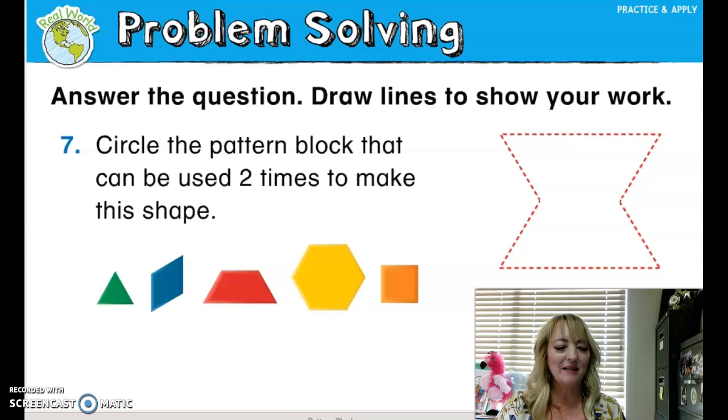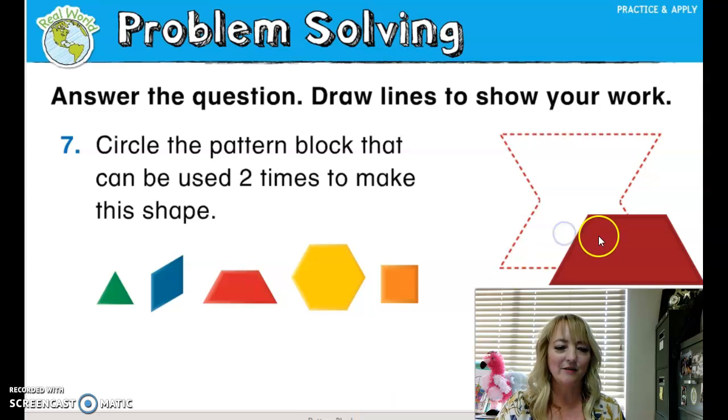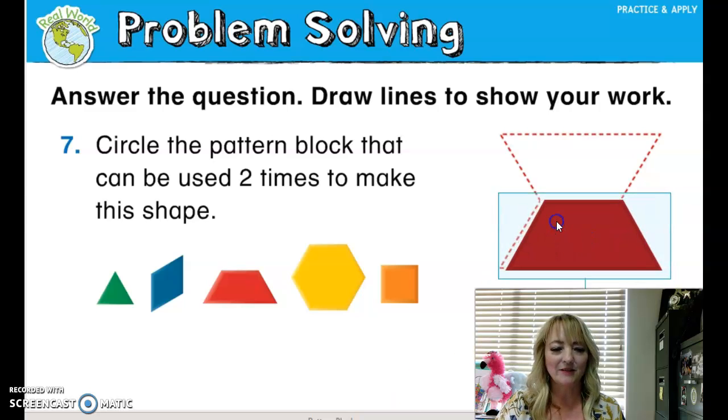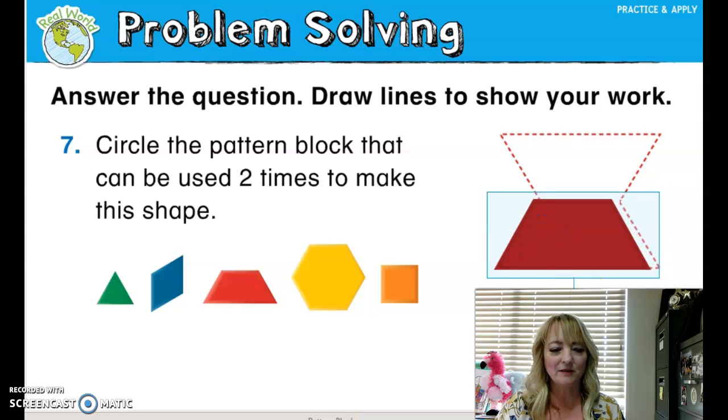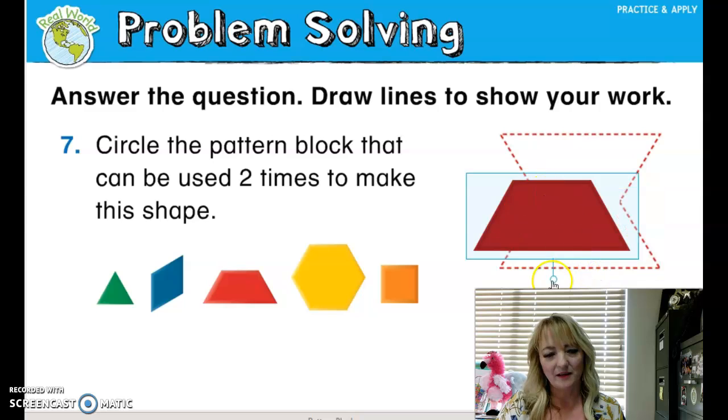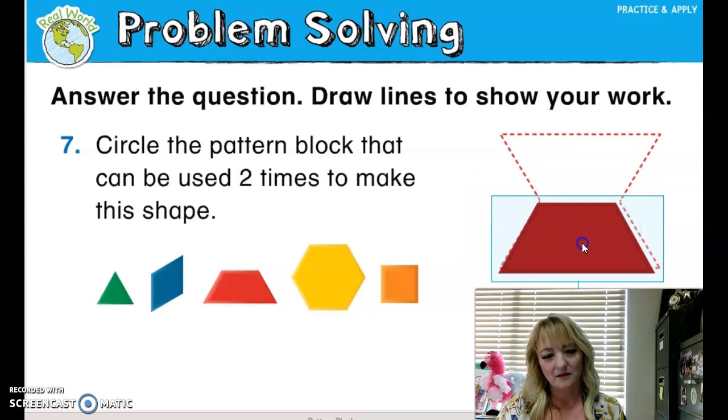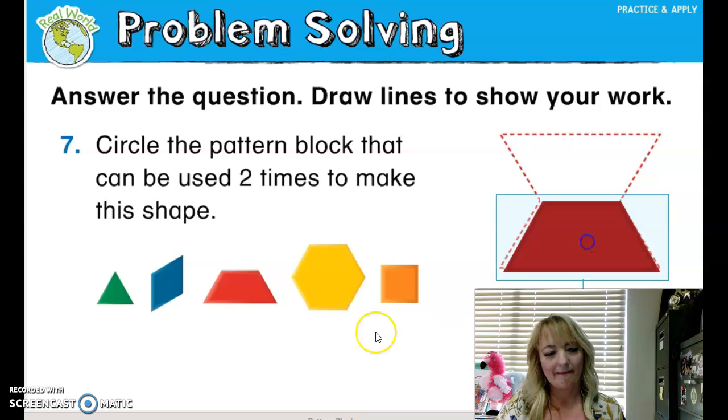Well, it looks like to me, I don't know if I can flip these shapes or not. Let's give it a shot. So there's one. I'm going to try to use this tool down here to flip it. Doesn't look like I can. Let me try again.